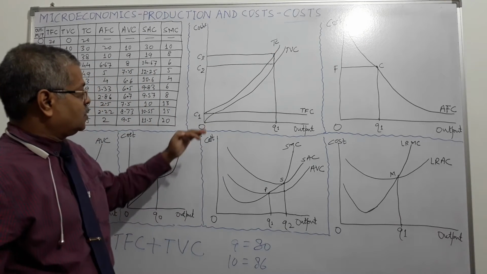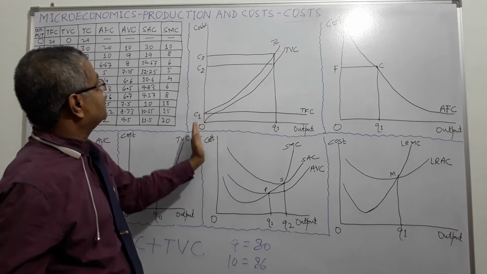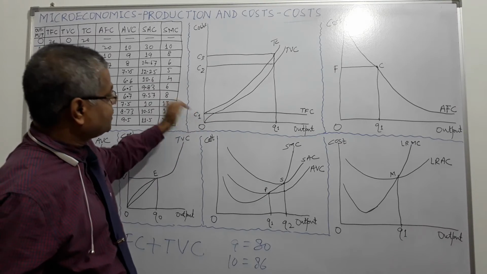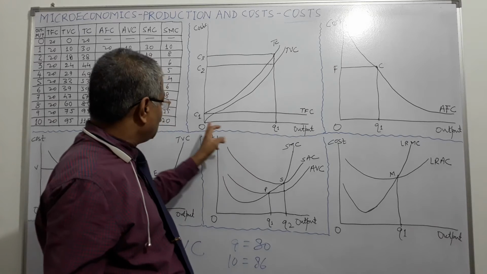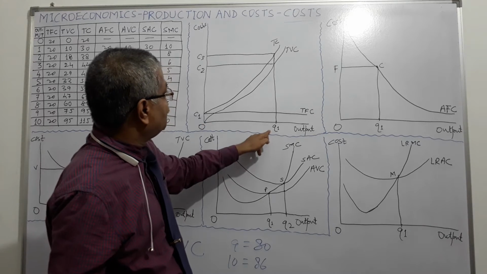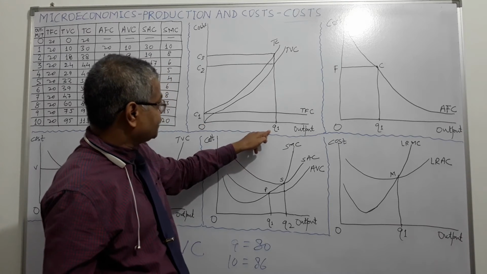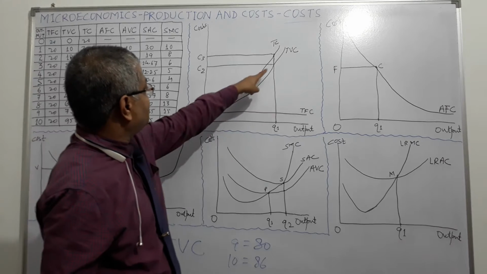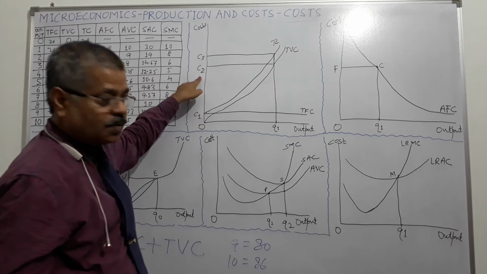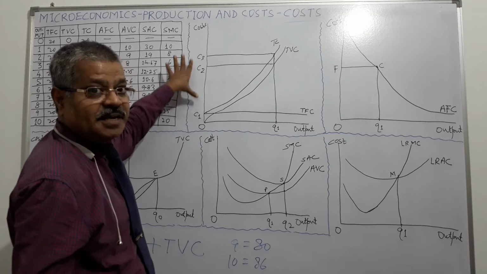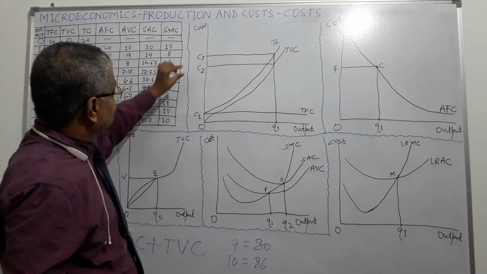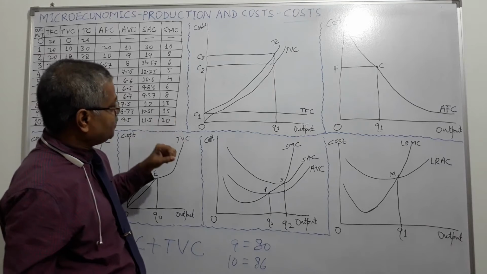So total fixed cost cuts the cost axis at C1, and at Q1 level of output, total variable cost is C2 and total cost is C3, right? So what is the difference between C2 and C3?